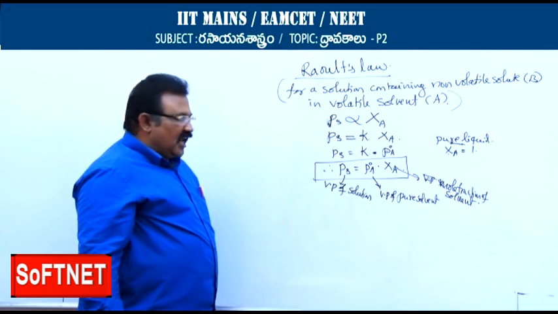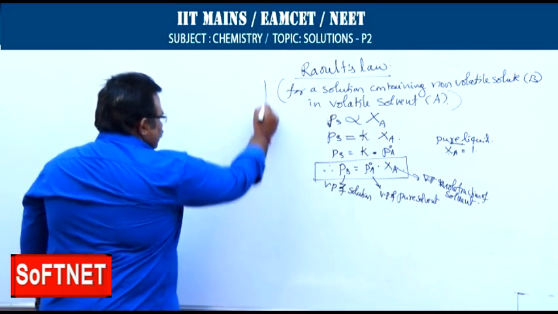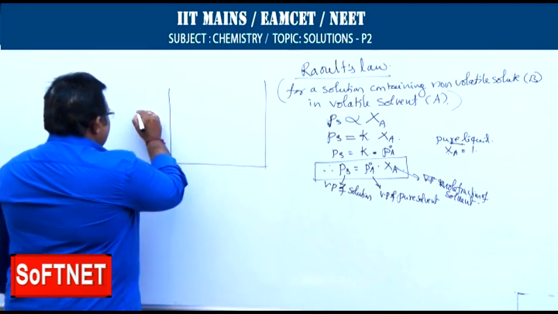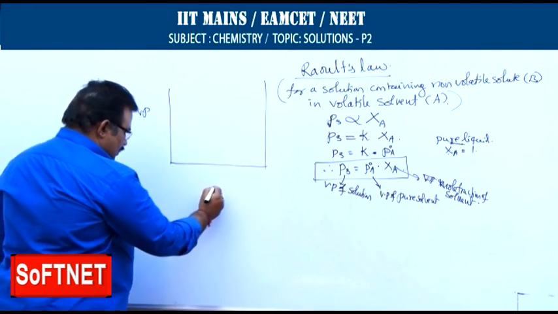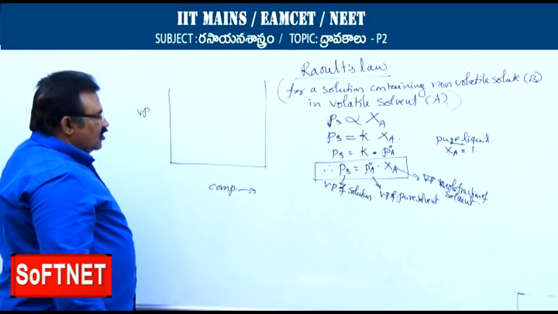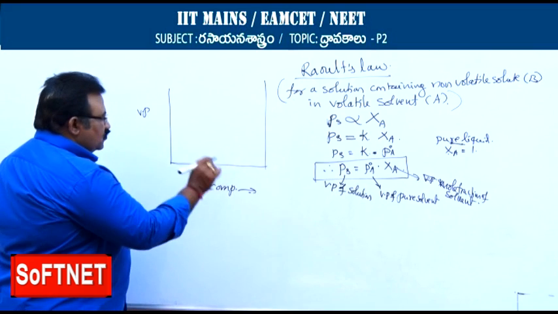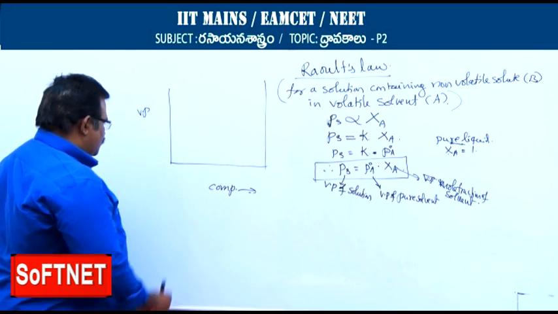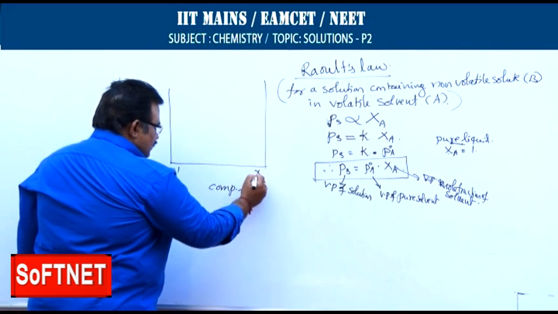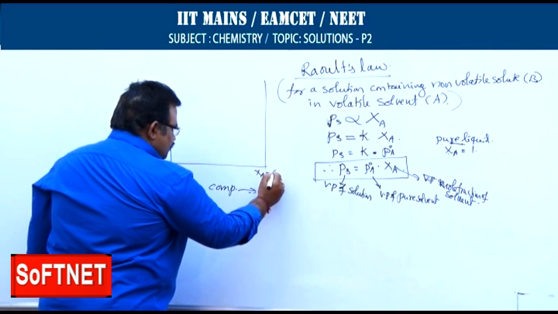If you plot a graph between vapor pressure and composition for that liquid, since only one pure liquid is present, here XA is equal to 1, here XA composition is 0.